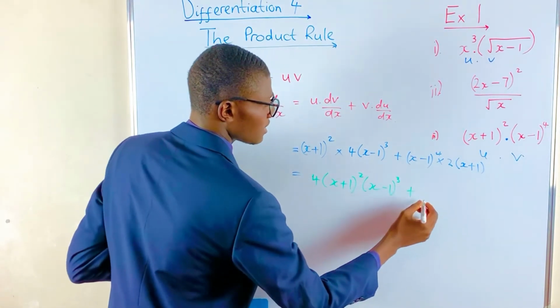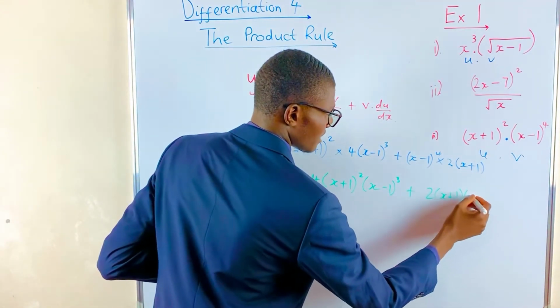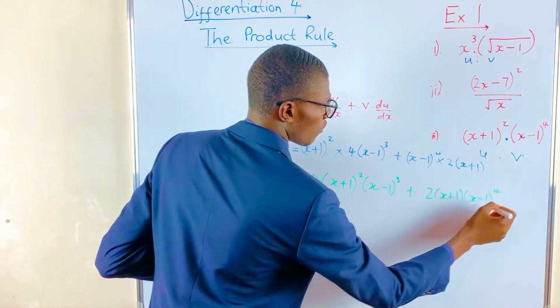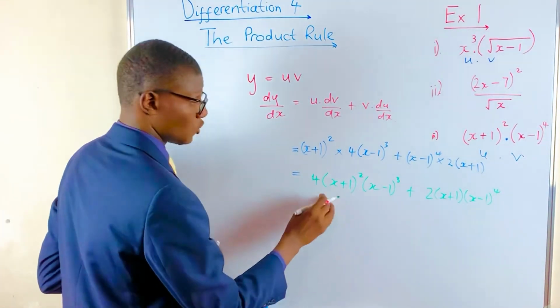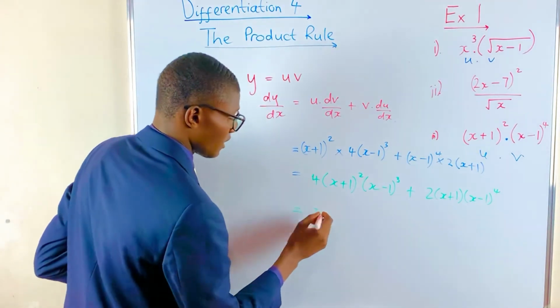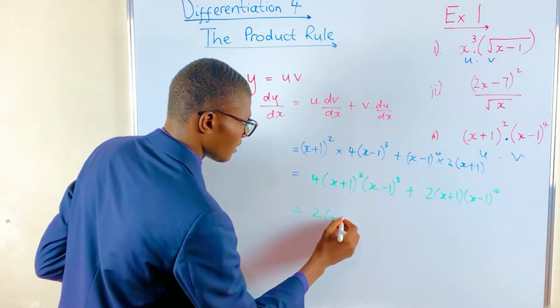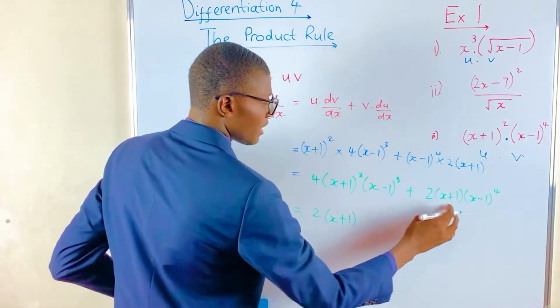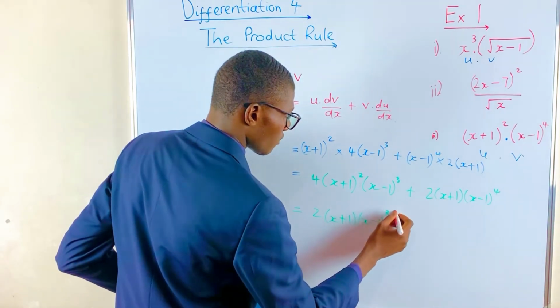Then plus 2 times (x plus 1) times (x minus 1) to the power of 4. But we see there are a lot of common factors there. So we see that 2 is a common factor in both expressions. And then as well, x plus 1 is a common factor. And then as well, (x minus 1) to the power of 3 is also a common factor.